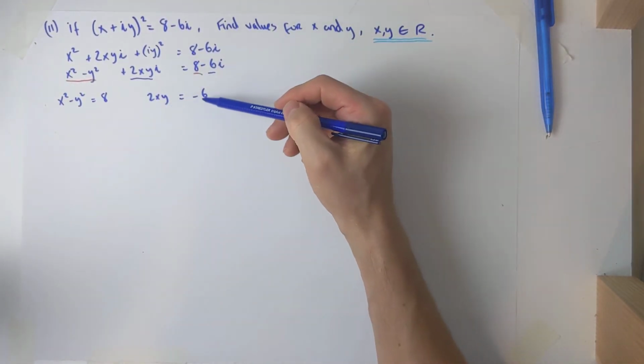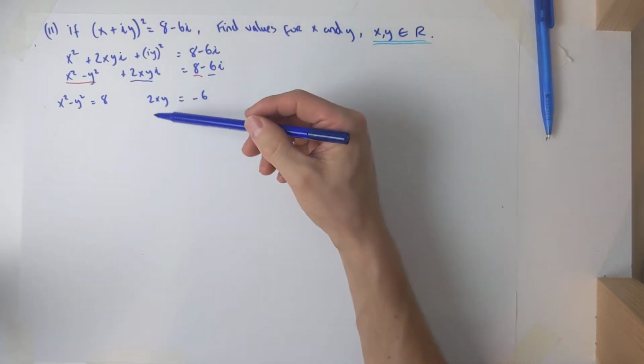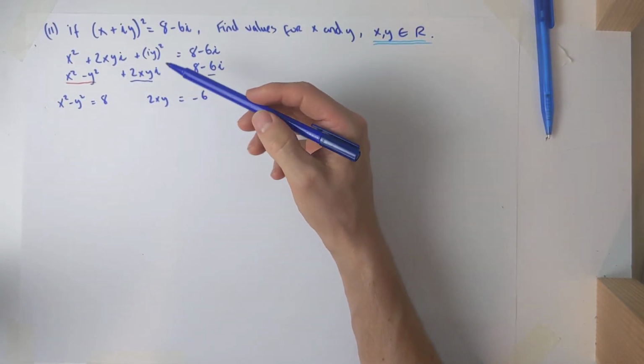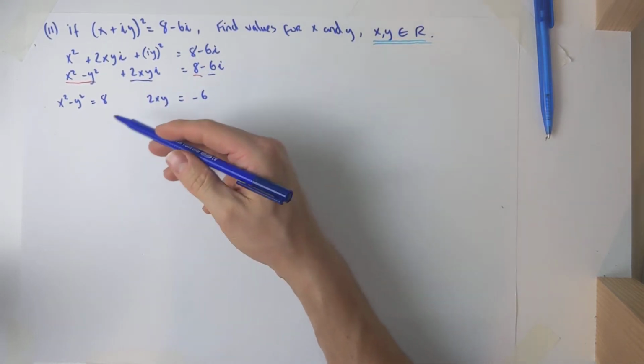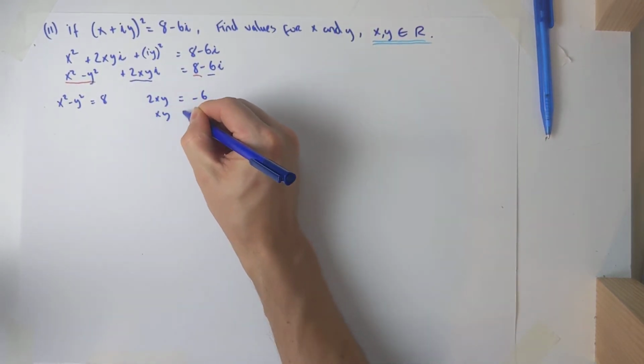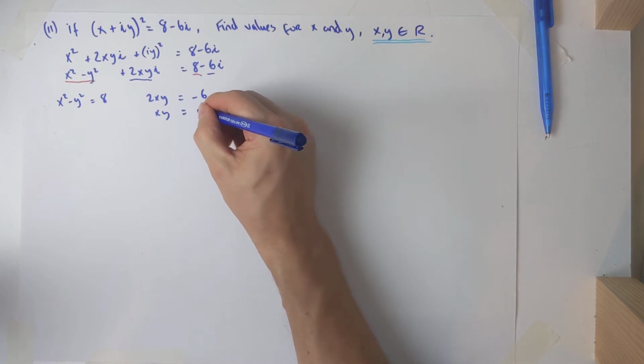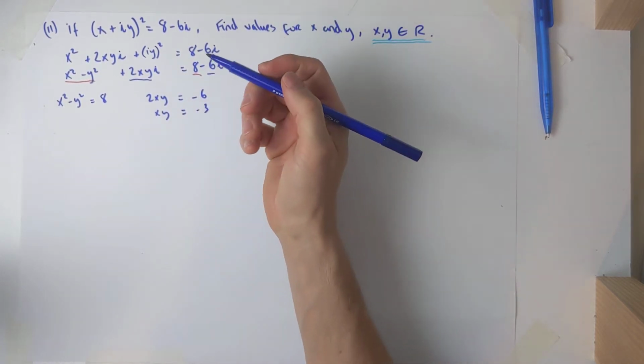So this is simultaneous equations now. You solve the linear, rewrite it with one letter in terms of the other, and then substitute that in. So xy is equal to minus 3.